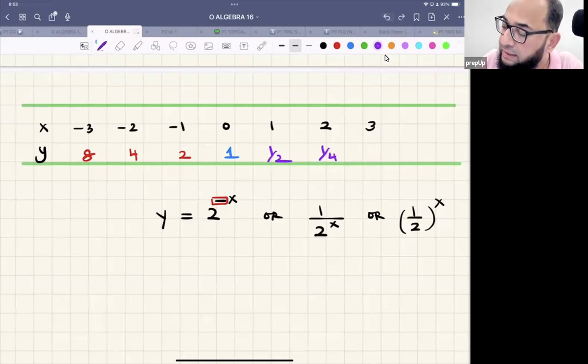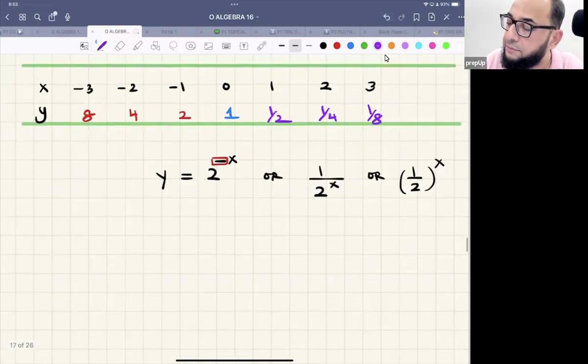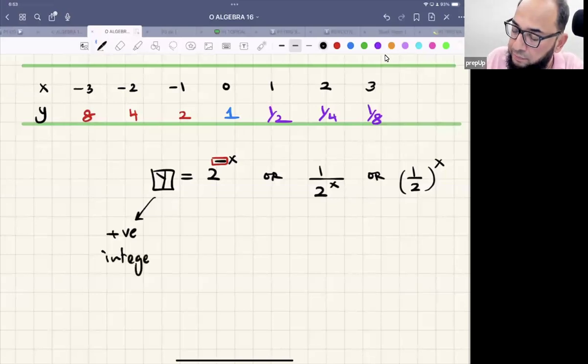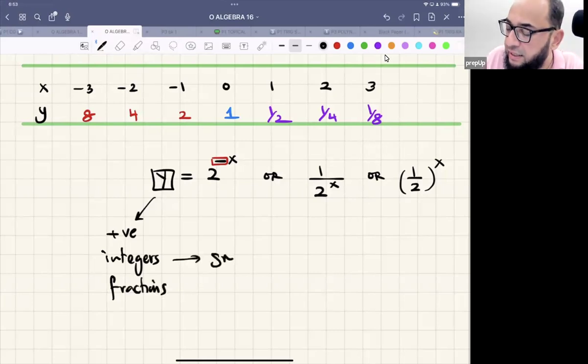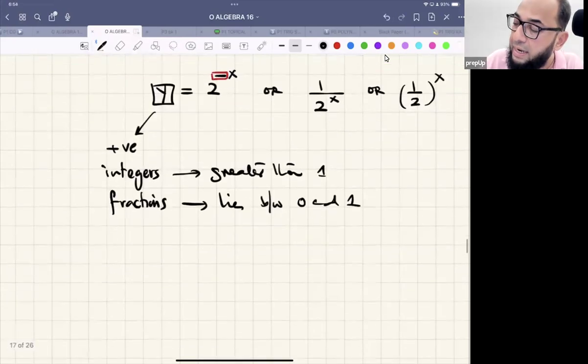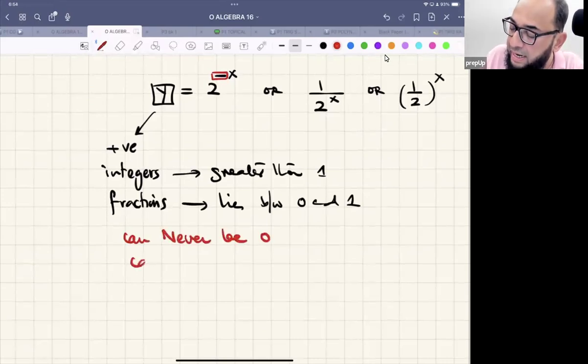Again, the rule is the same, that these y values, they can be positive, they can be integers, they can be fractions, they can be greater than 1, they can lie between 0 and 1, but it can never be 0, it can never be negative.